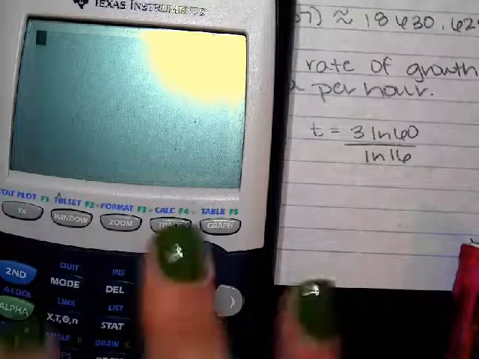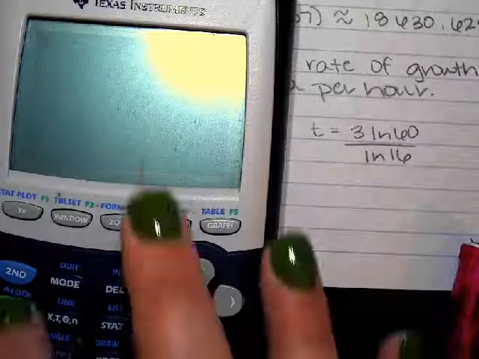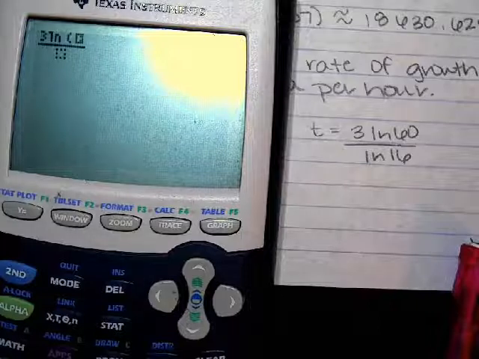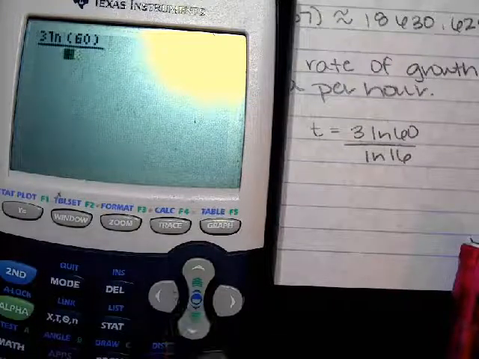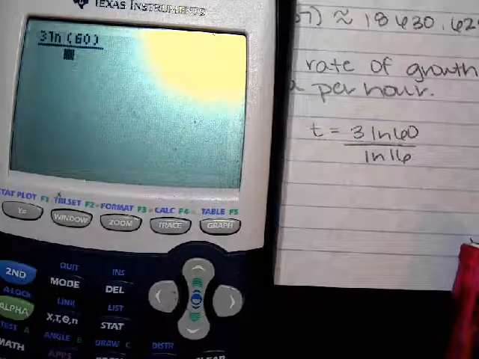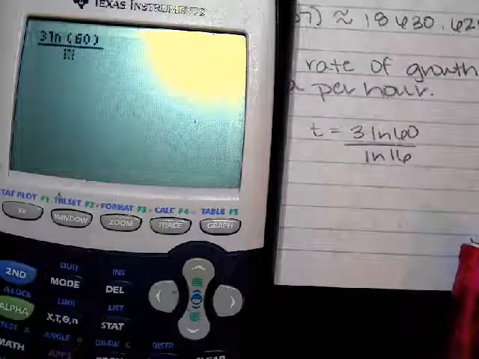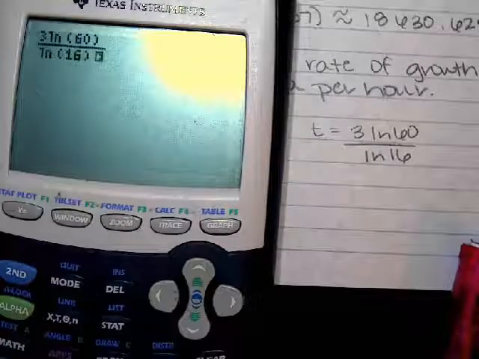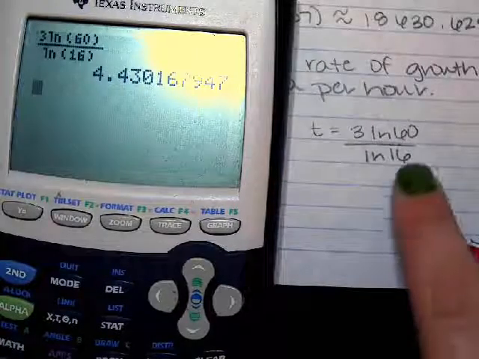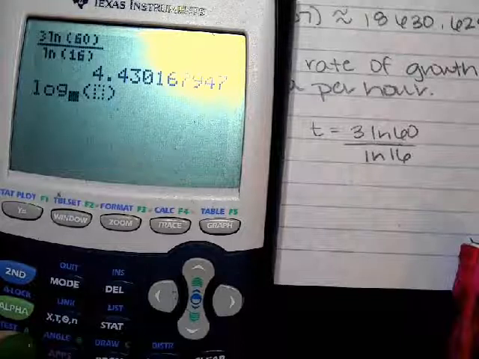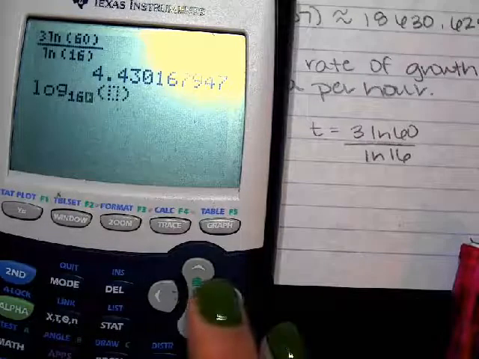You can't cancel them out though because it's an operation. If you had a plus over a plus in a fraction, you can't cancel out your pluses. But if we're talking about simplifying, I'm pretty sure that this is that, but let me put the 3 in the front.